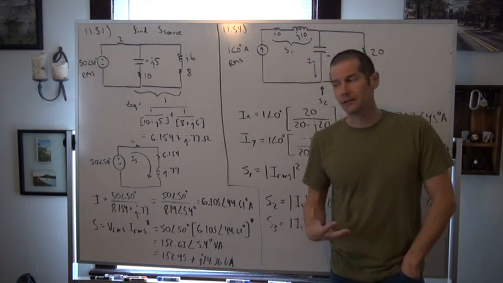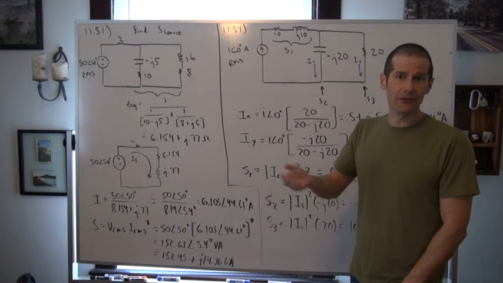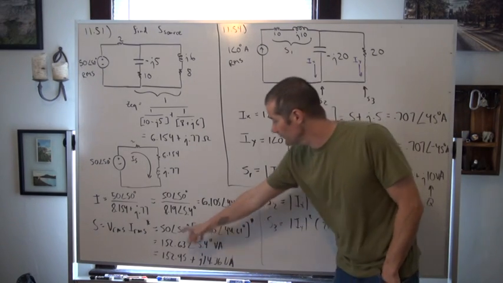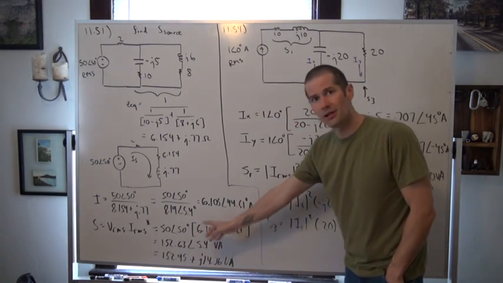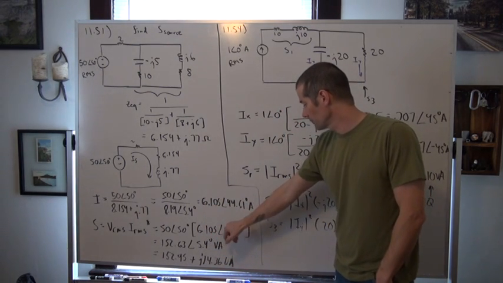So when we apply the concept of complex power, S is equal to VRMS times IRMS conjugate, then we get 50 at an angle of 50 degrees multiplied by 6.105 at an angle of 44.61 degrees.